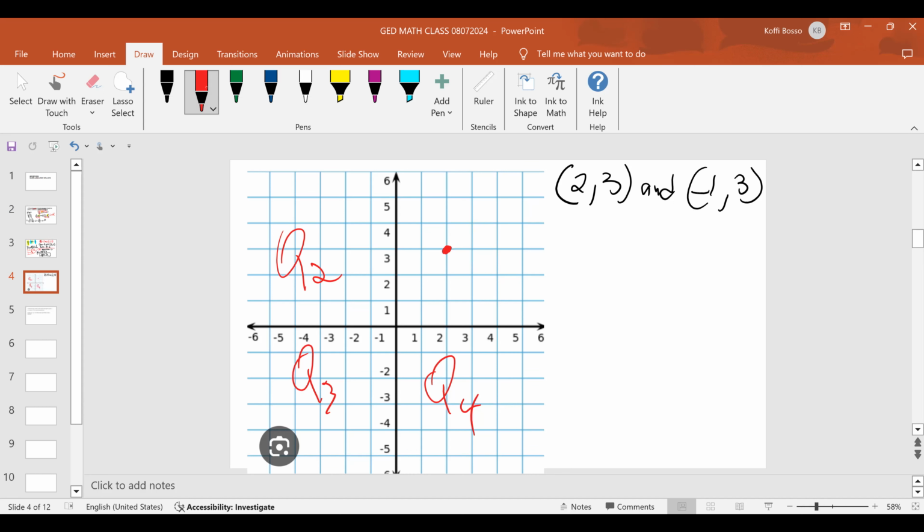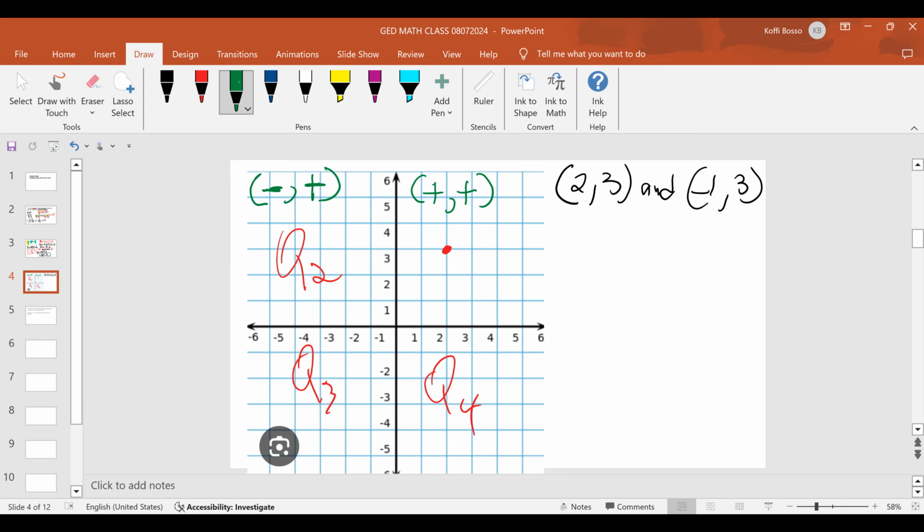So far, so good. The second point, (-1, 3). Remember this, in quadrant 1, everything is positive. So the first coordinate is positive, the second one also is positive. In quadrant 2, the first one is negative and the next one is positive, which is the case here. So (-1, 3) has to be in quadrant 2.